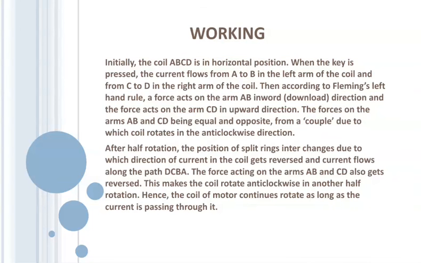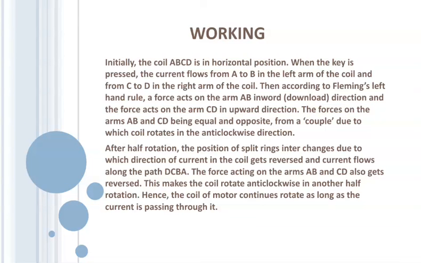Now, working. Initially, the coil ABCD is in horizontal position. When the key is pressed, the current flows from A to B in the left arm of the coil and from C to D in the right arm.